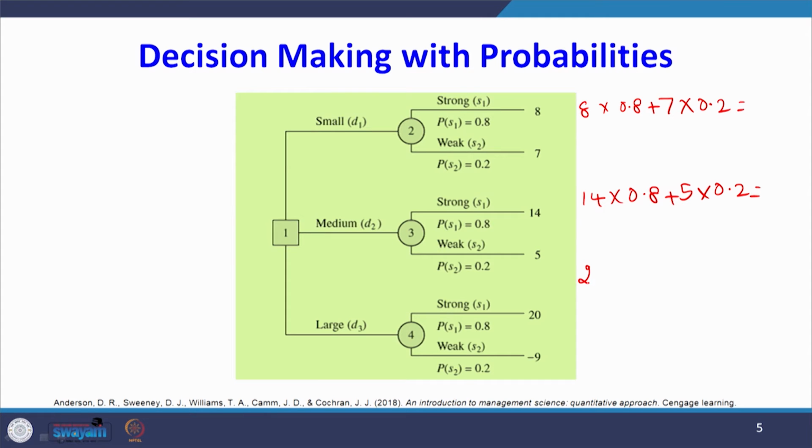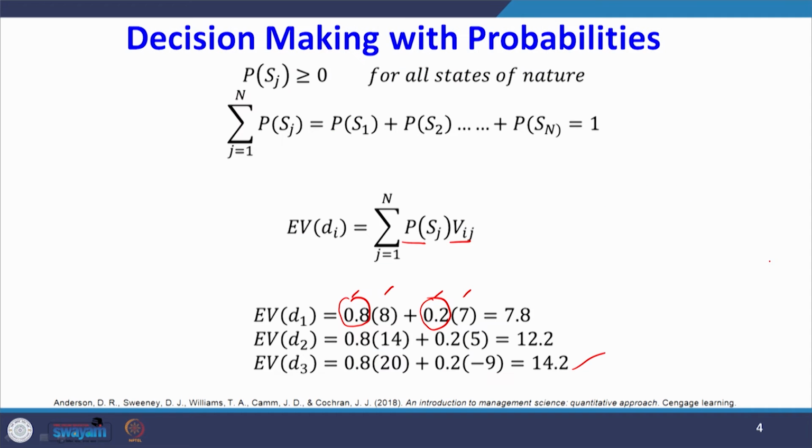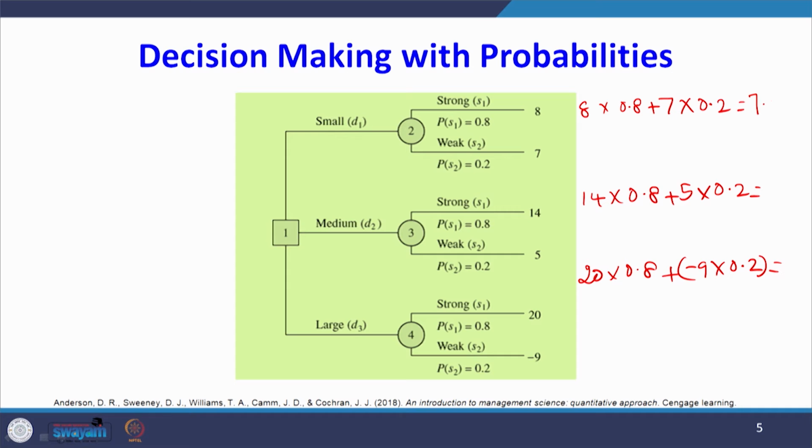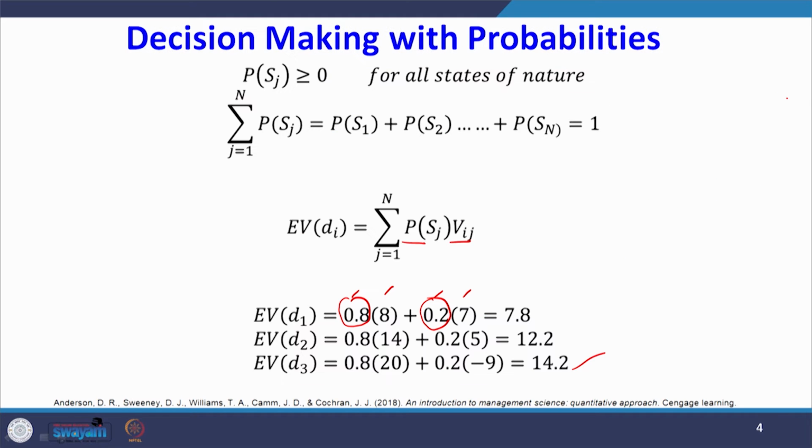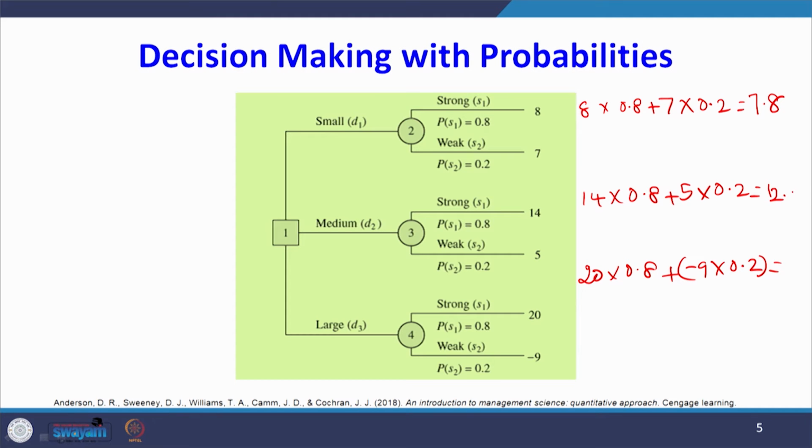Here, 20 multiplied by 0.8 minus 9 multiplied by 0.2. So, we got the values. For the first one it is 7.8, for the second one it is 12.2, for the third one it is 14.2. Out of these 3, this value is the highest one. So, we go for D3.